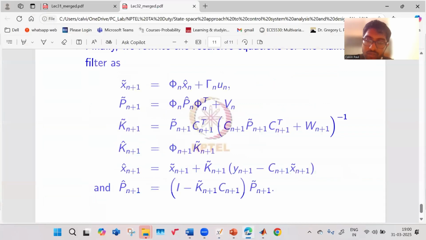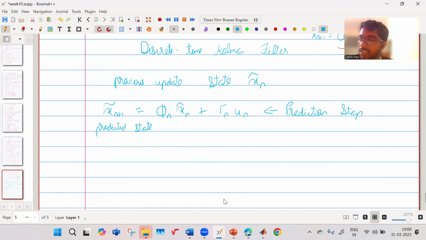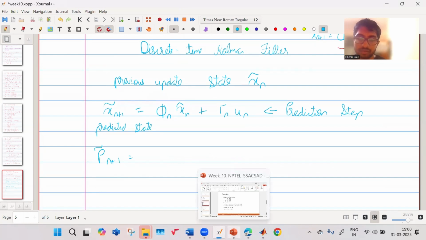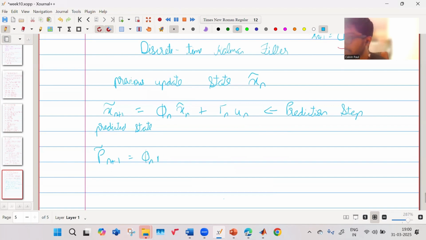After that, we will find the error covariance matrix, how it changes depending on the state. So how is that found? P tilde n plus 1 is equal to phi n into Pn, the previous estimated one, into phi n transpose, plus Vn.